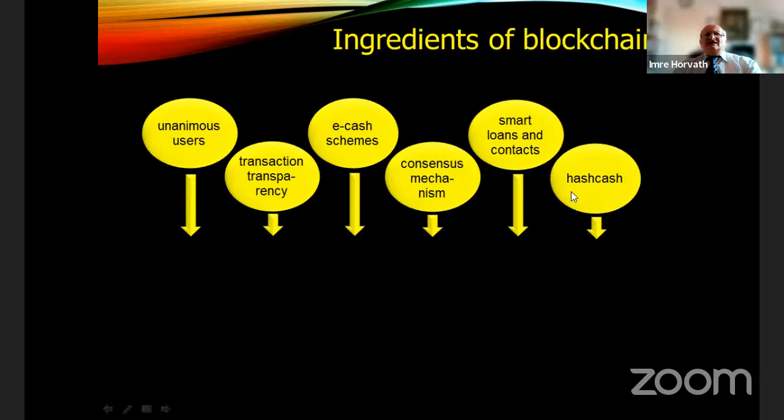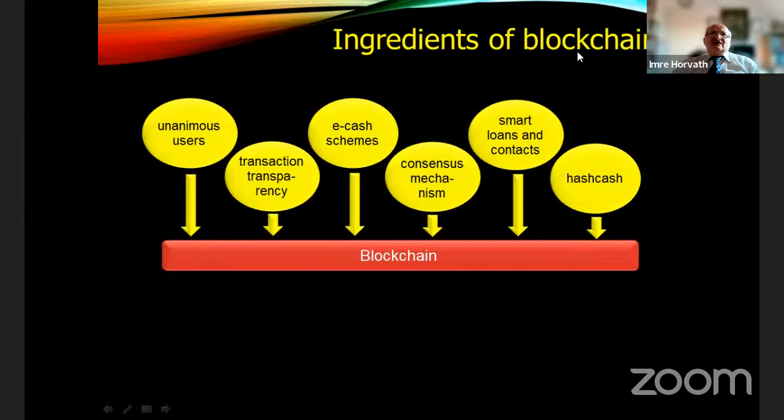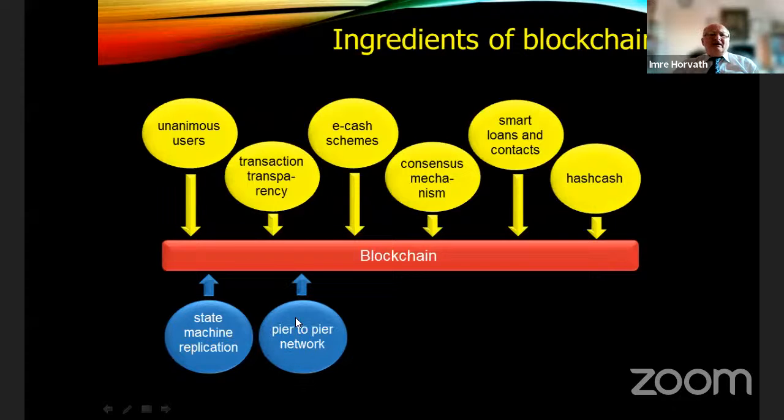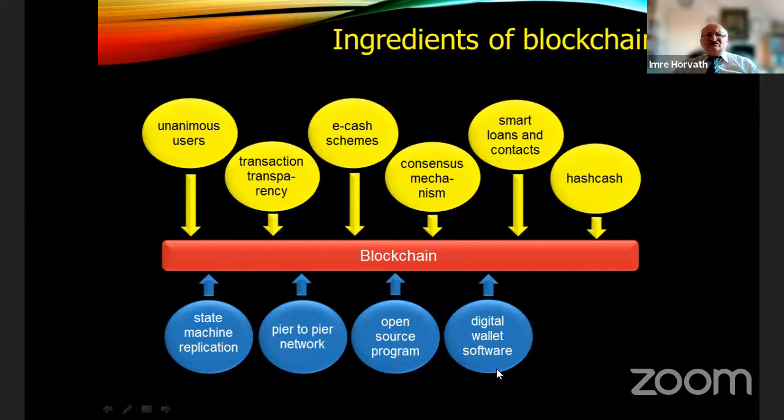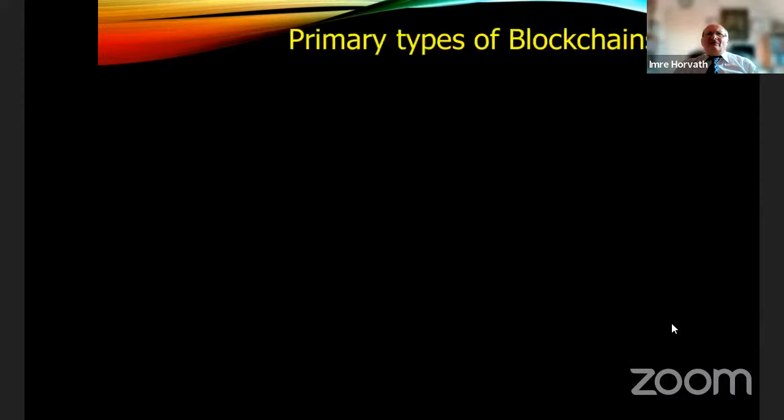And hash cash: you have seen that hash codes play an important role in the implementation. So these are the ingredients. In addition, there are enablers, for instance state machine replication, peer-to-peer networks, open source programs, and digital wallet software. It's also related to Bitcoin, and the Ethereum platform are the most important enablers.